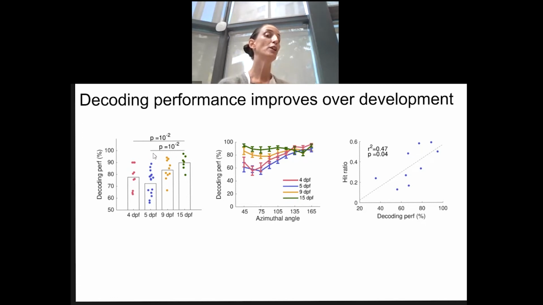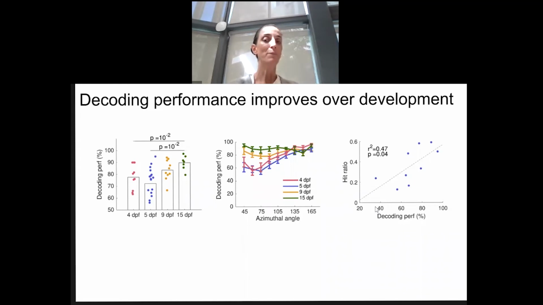Some of them are really good decoders, and some of them are really bad decoders. And so we asked, what's the relation between their decoding performance and their hunting performance? And that's what I'm showing here. So basically, the better decoder you are, the more information you have in your brain, the better performance, at least in terms of behavior, you will have.